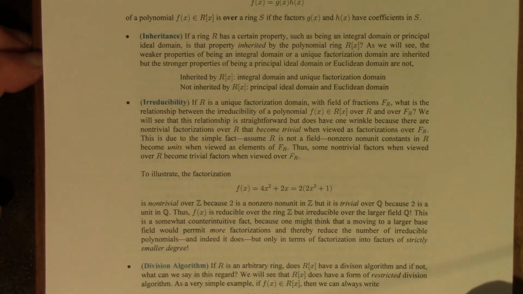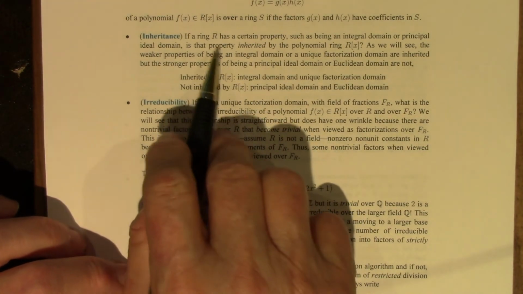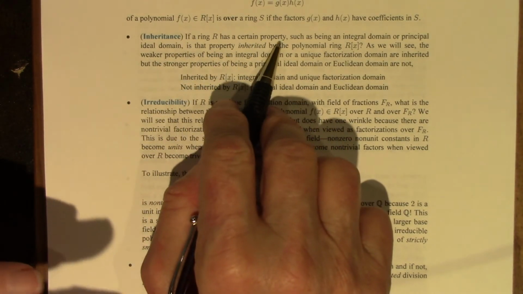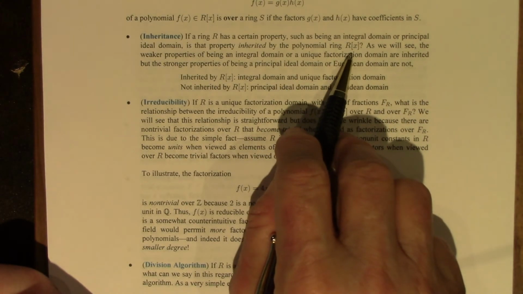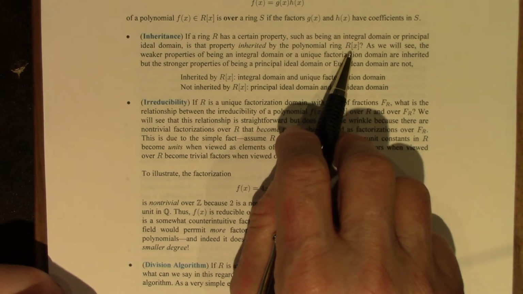Now, the first thing we're going to examine is inheritance. This is a very important question. If a ring R has a certain property, such as being an integral domain or a principal ideal domain, is that property inherited by the polynomial ring R[x]?